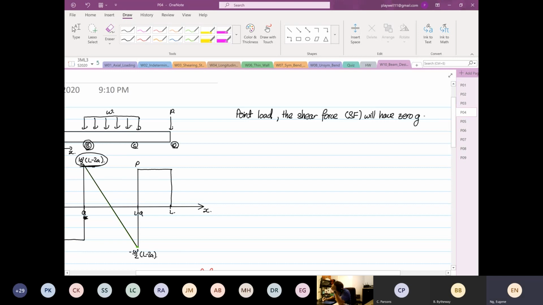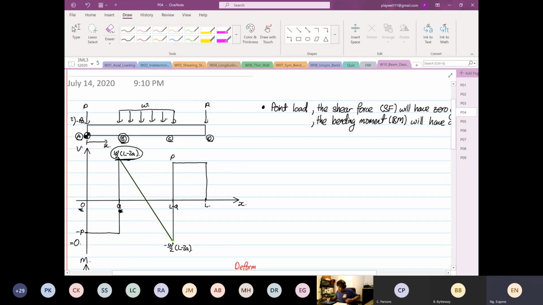So no slope. However, for point load, the bending moment, which I call BM, will have a gradient.